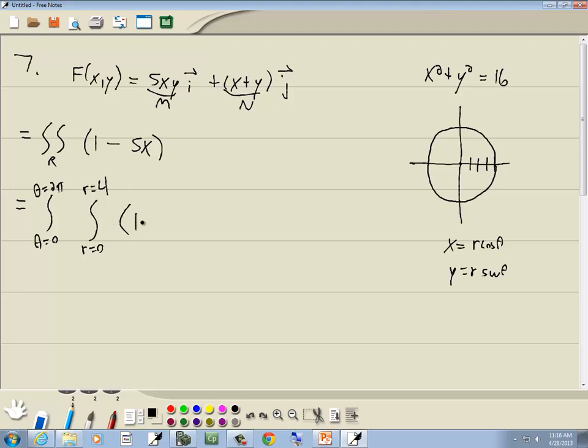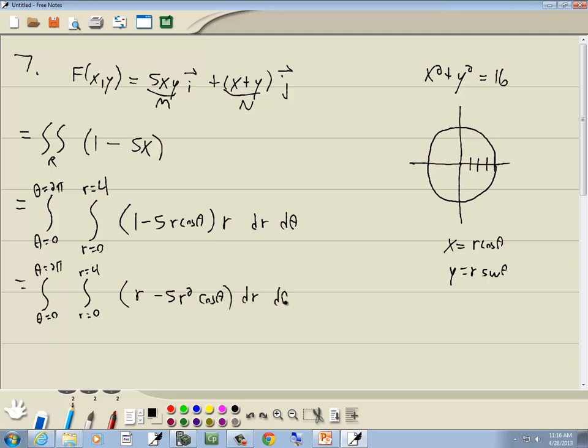So this becomes 1 minus 5r cosine theta. And remember, we have to put an extra r on here whenever we switch it to polar. Okay, so let's do a little bit of simplifying. Multiply the r through. r times 1 is r minus 5r squared cosine theta, dr d theta.